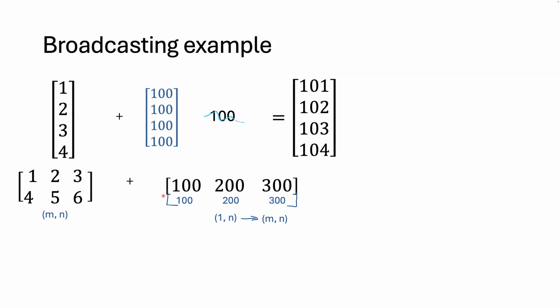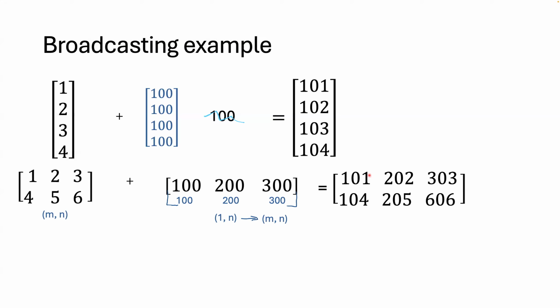Then it becomes a 2 by 3 matrix plus a normal 2 by 3 matrix, and here is the sum right over here. So it will just make copies by the number of m if it's a row vector, and if it's a column vector, it makes as many columns as needed until we reach the m by n matrix.